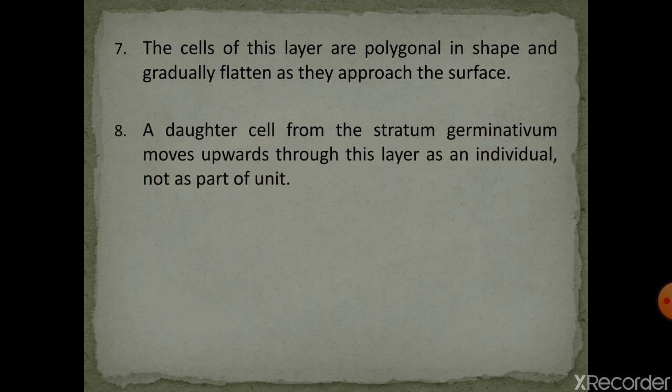A daughter cell from the stratum germinativum moves upwards through this layer as an individual, not as a part of a unit. It means the cells of the stratum germinativum move upwards towards the outside, towards the stratum corneum.